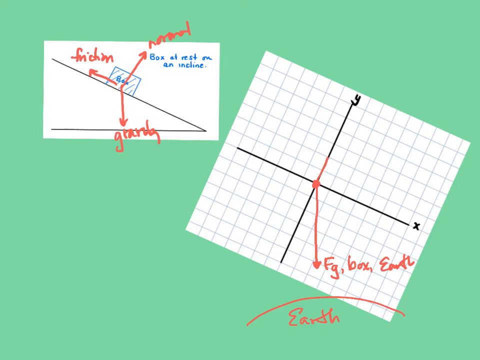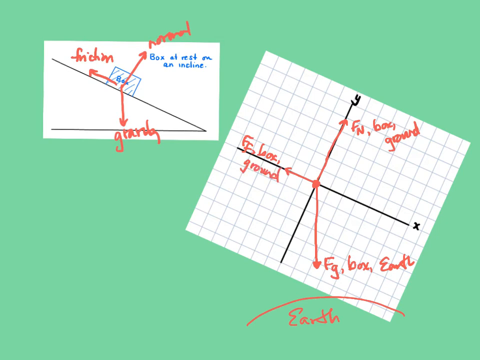So we're going to draw that there. That's my normal force on the box by the ground. And then I've also got a force of friction, which is acting in the same direction as the ground, so right on the x-axis. So that's your force of friction on the box by the ground.